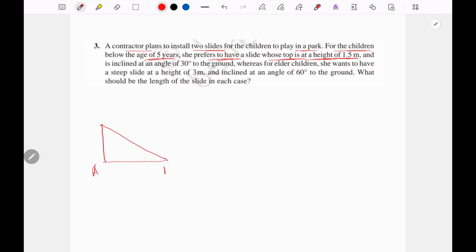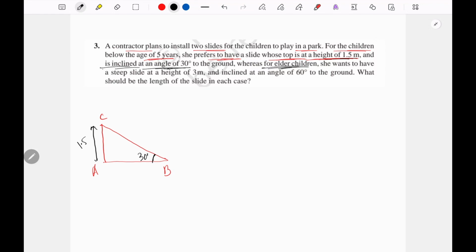This is A, B and C. So this height is 1.5. This is the first slide, and it says that it is inclined at an angle of 30 degrees. So this angle is 30 degrees.